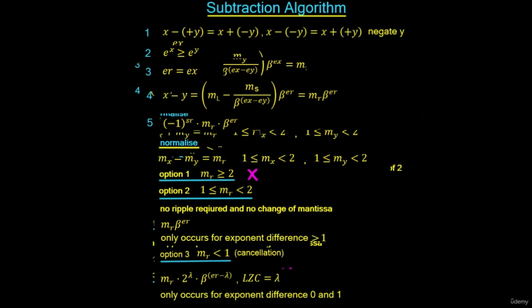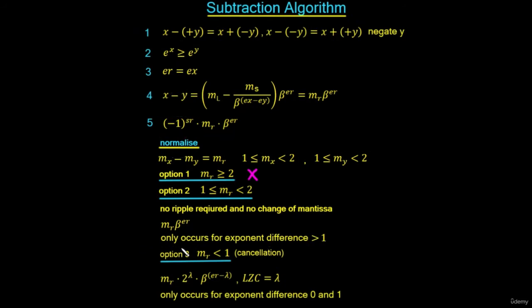So in the dual path architecture, we have one dedicated path for this option here, which is the cancellation. So if there is a subtraction and the value for this MR is less than 1, then we call that cancellation, and we have to do the leading zero count, then we have to adjust the exponent value accordingly and also the mantissa value.